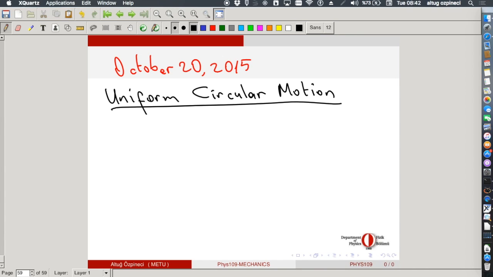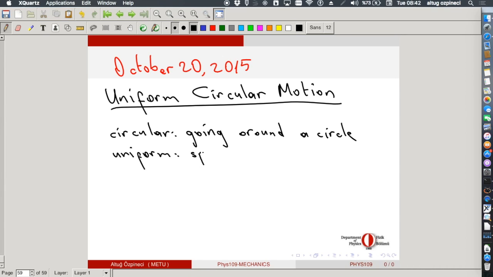Circular just means that it's going around the circle. Uniform means that the speed is constant. So the speed doesn't change.